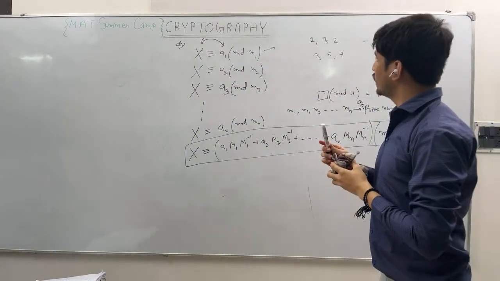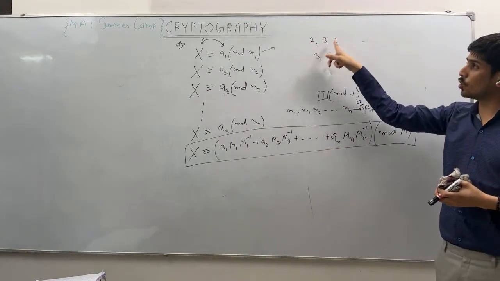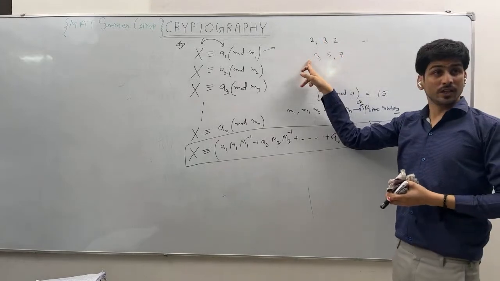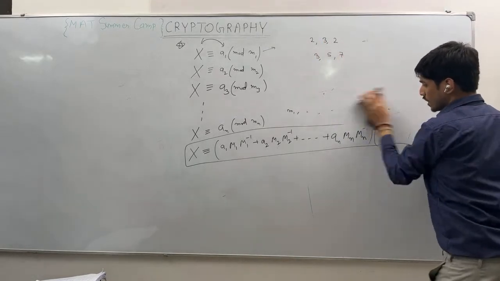Clear? Find the least positive integer which leaves the remainder 2, 3, 2 when divided by 3, 5, 7. Now you see how we can solve this.